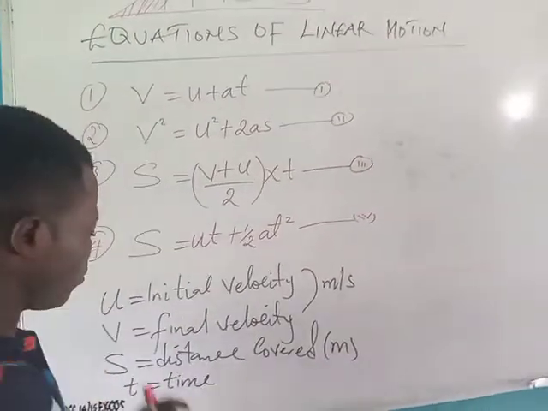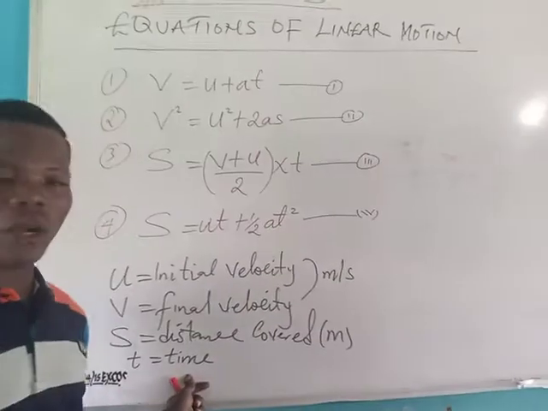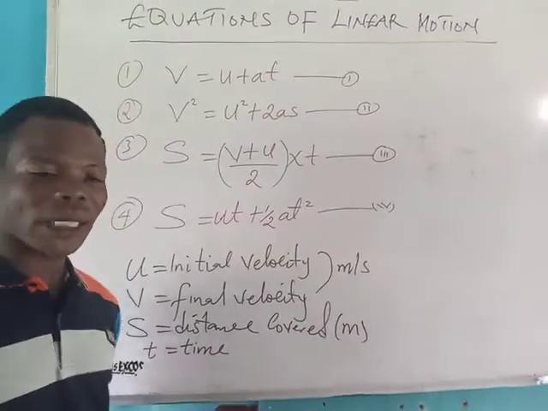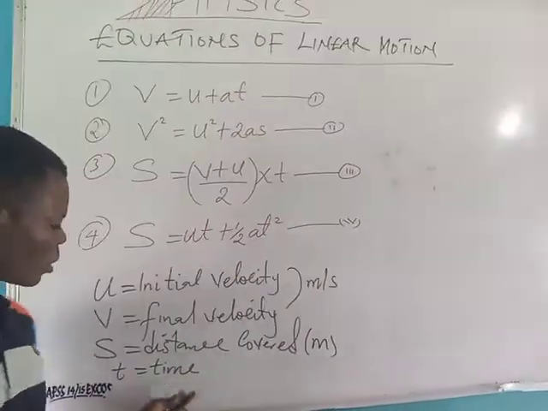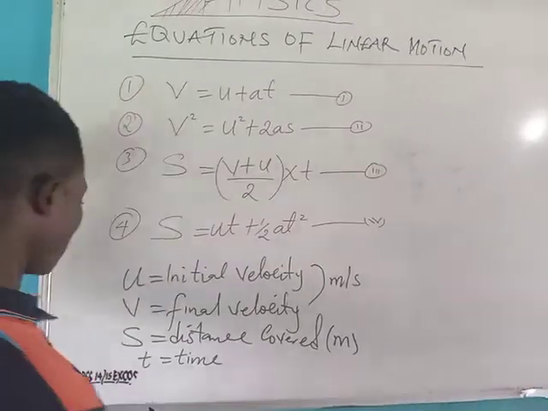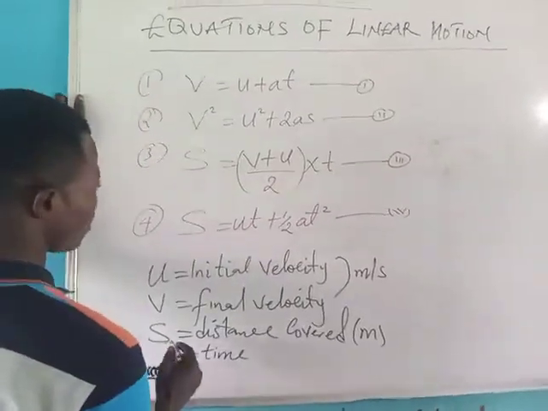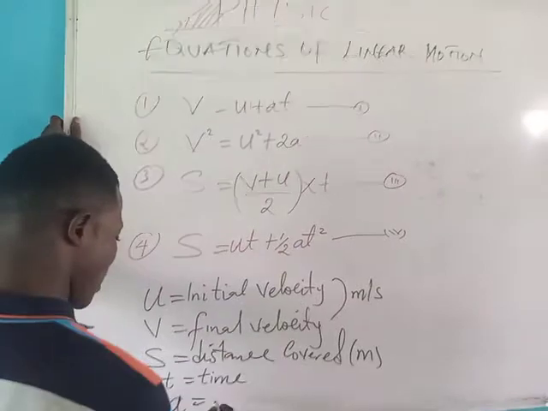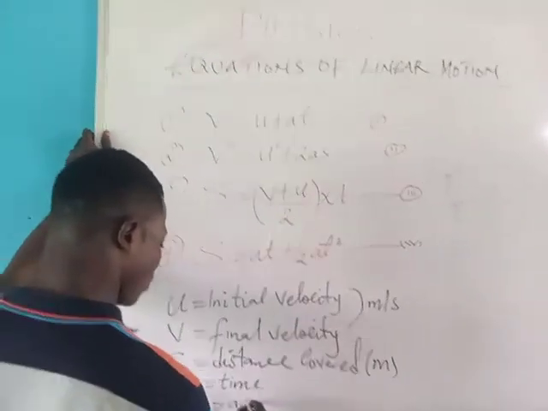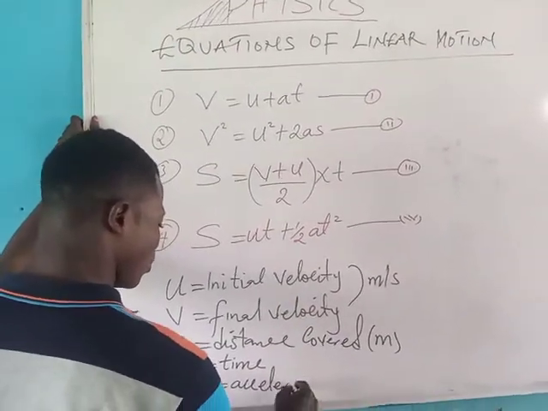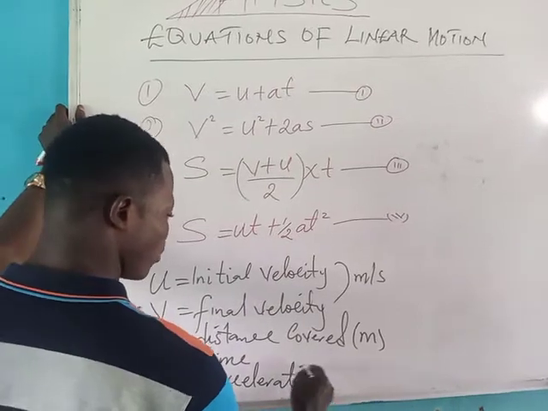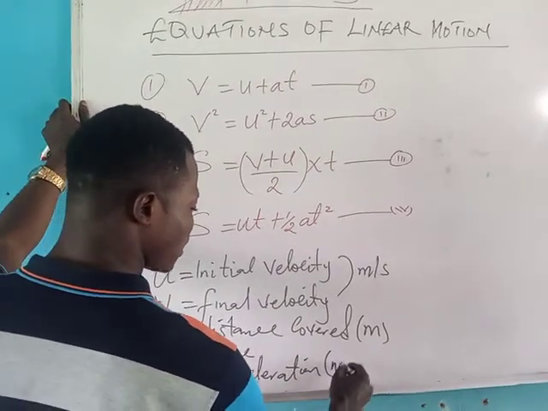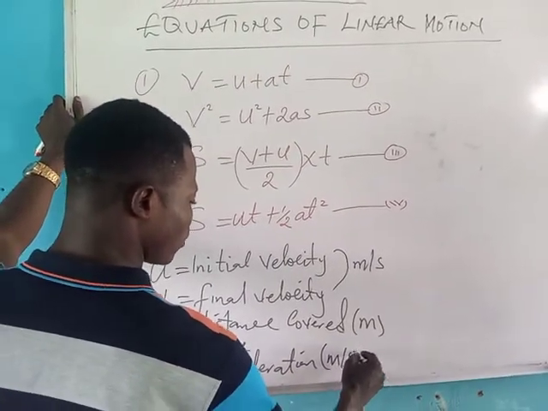The time the body or the object used to perform that motion is what is referred to as time. And also we have A. A is acceleration of the body, and is measured in meter per second square.